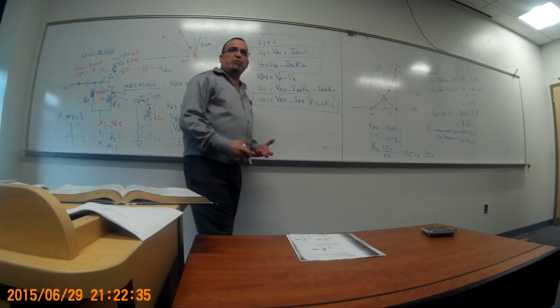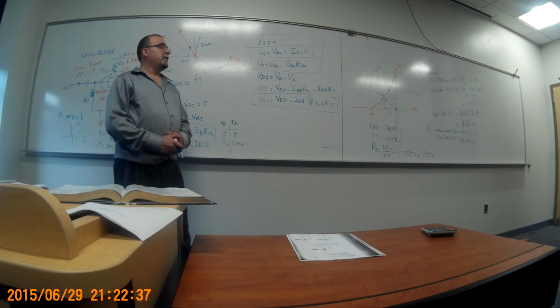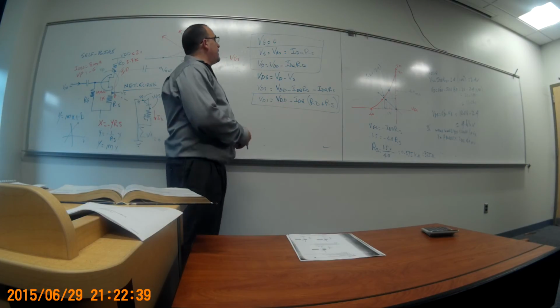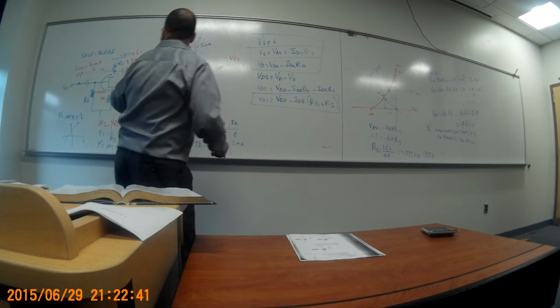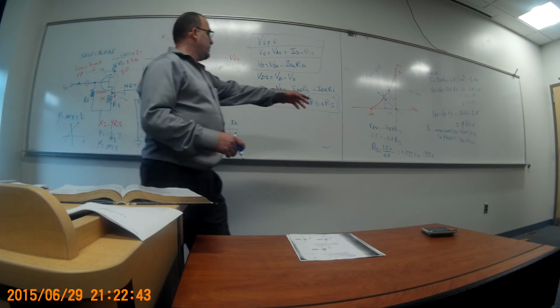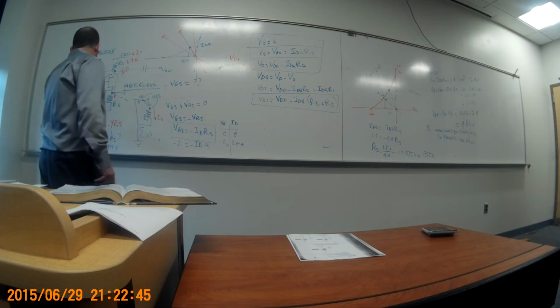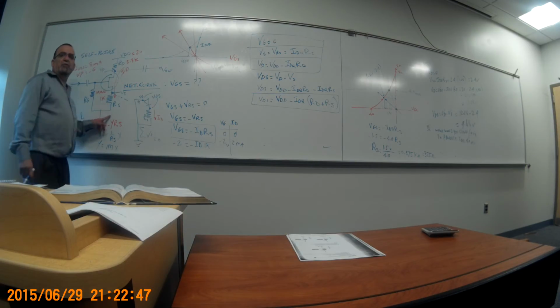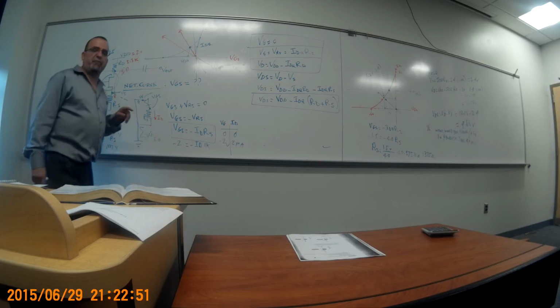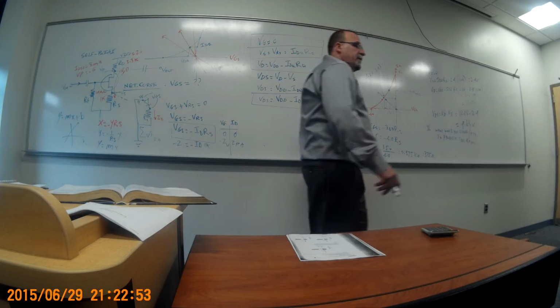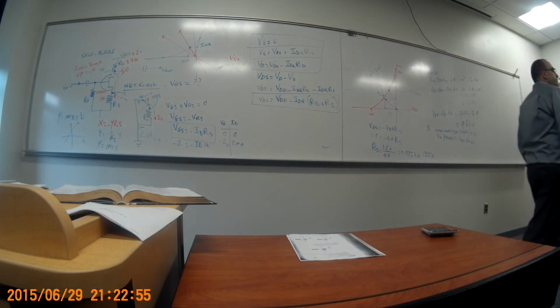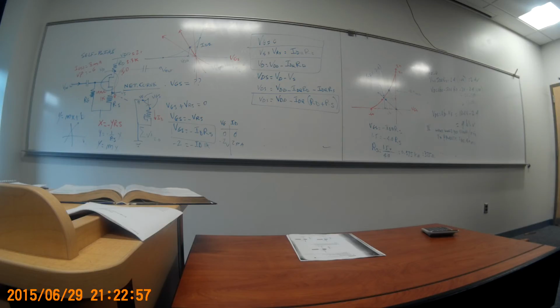So what do I need to change? RS. I need to change RS to 375. I reduced this from 1K to 375. So the 375 will guarantee what? The 375 ohm will guarantee the 4 milliamp.